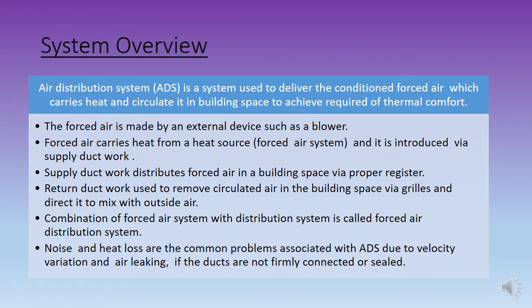And the forced air is created by using an external device such as a blower or fan, and the forced air carries heat from a heat source, and it is introduced via supply ductwork. And we use a register to supply the conditioned air into the space via supply ductwork.